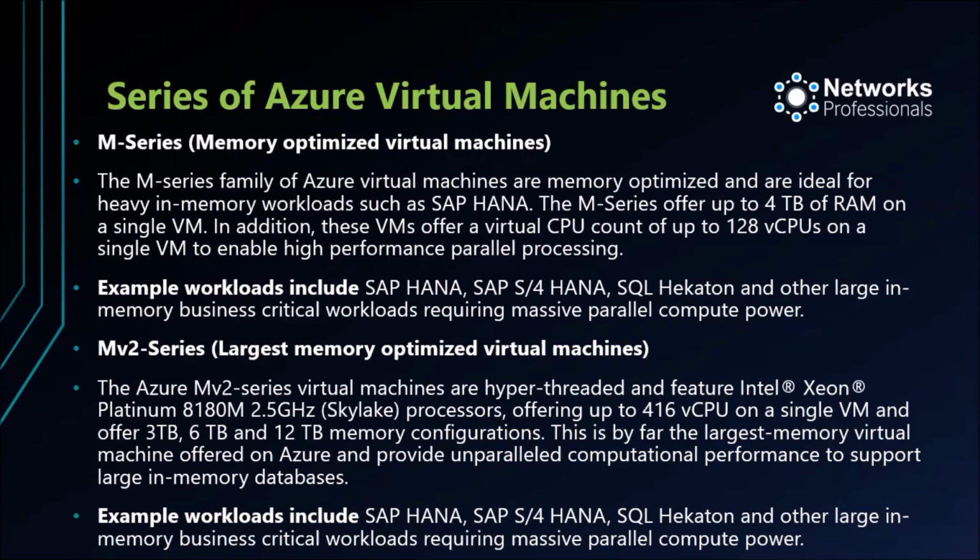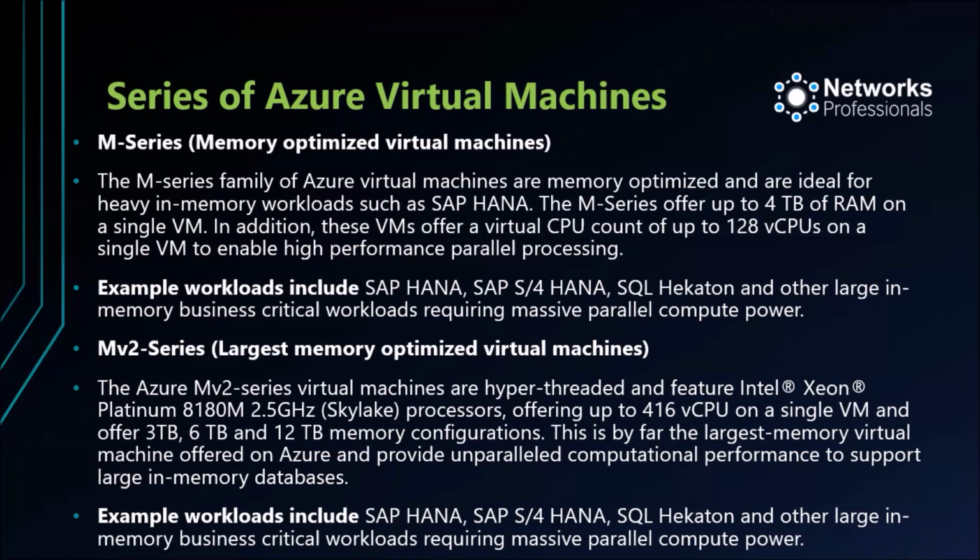This is by far the largest memory virtual machine offered on Microsoft Azure and provides unparalleled computational performance to support large in-memory databases. Example workloads include SAP HANA, SAP S/4 HANA, SQL, Hekaton, and other large in-memory business-critical workloads requiring massive parallel compute power.